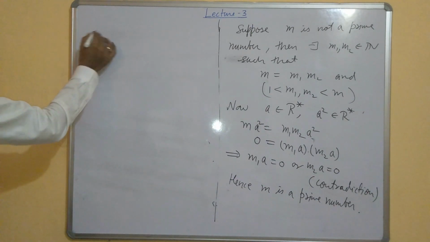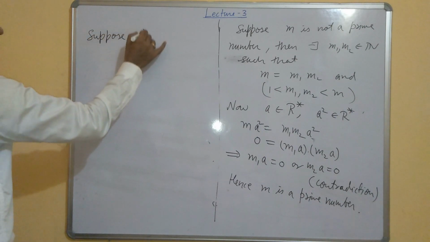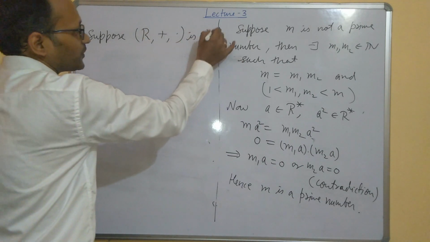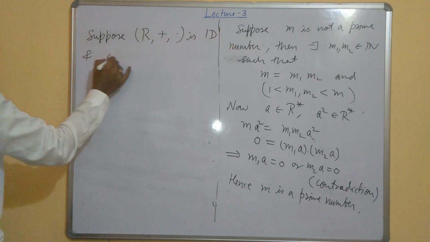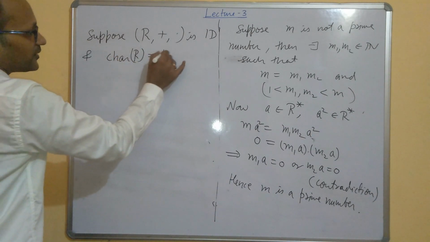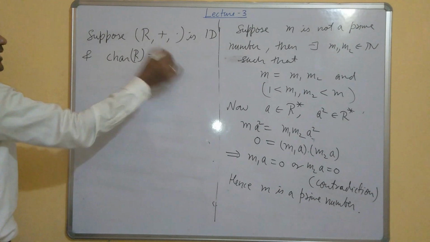Suppose (R, +, ·) is an integral domain and the characteristic of R is p, where p is a prime number.